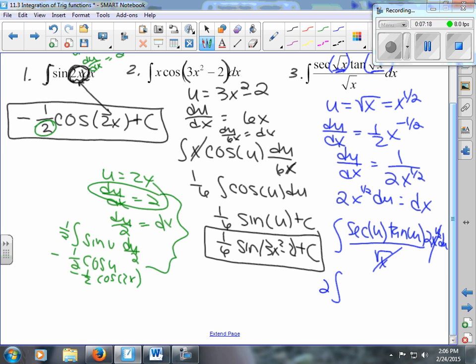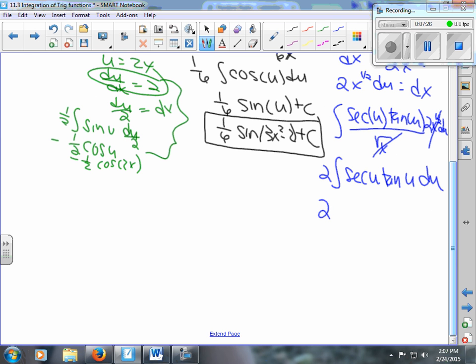And so I just have 2 integral secant u tangent u du. And that's a formula. Secant u tangent u is the derivative of secant. So the answer is 2 secant of u, and then I should back substitute to square root of x. And there we go.